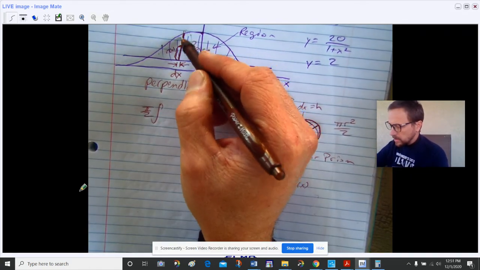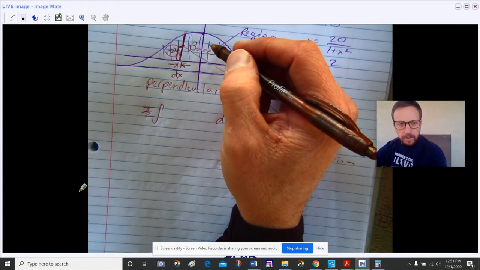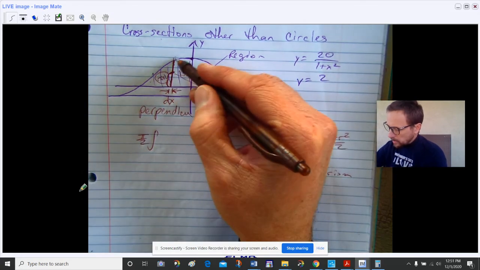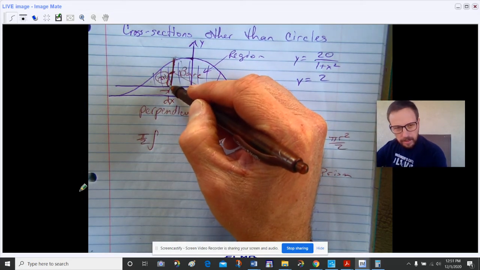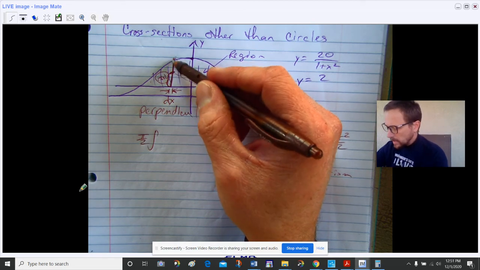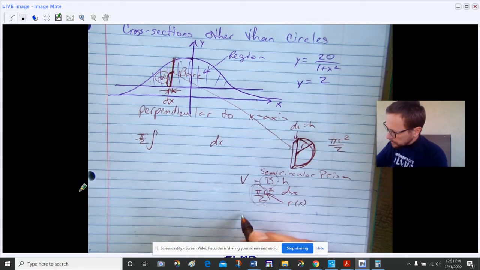And so how would I figure out what that is? You take this point minus that point, and divide it by 2. That's how you find how long that is.